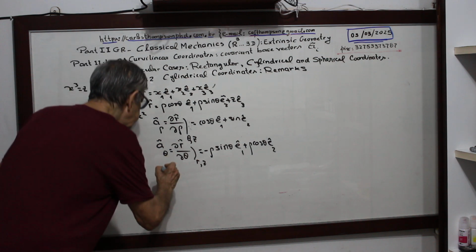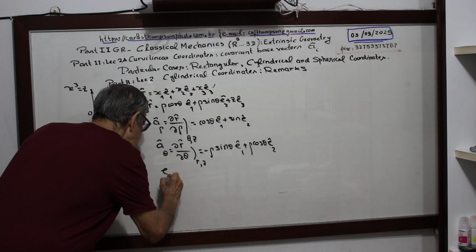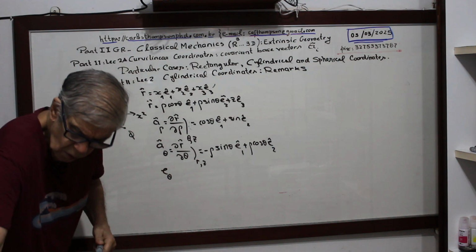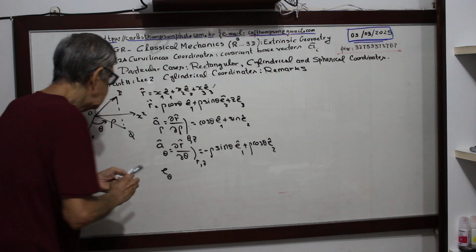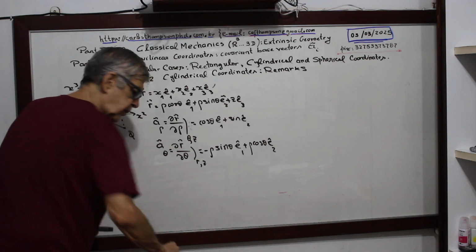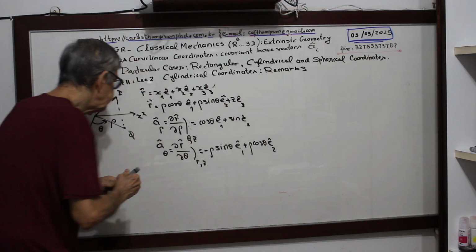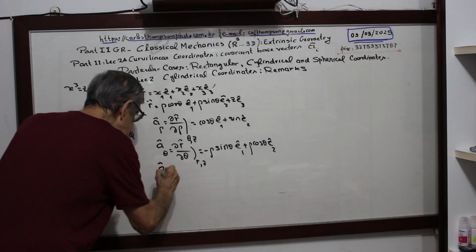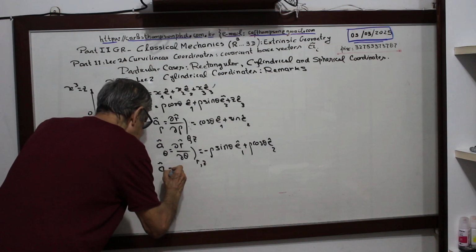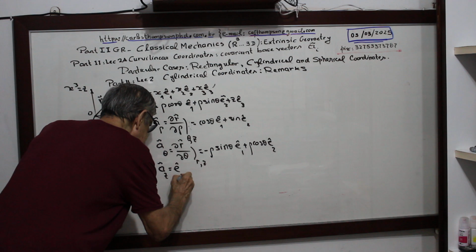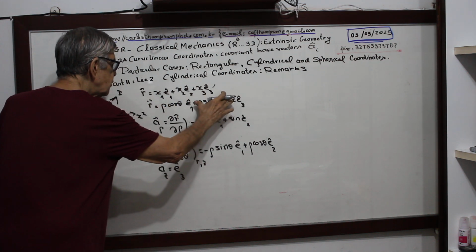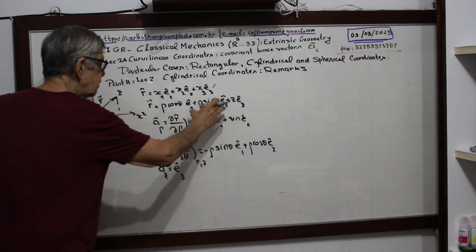Now do you remember? Then I define, I'll write down AZ here, just to complete this row over here. So AZ, which is E3, you see, that's a derivative of this with respect to z.